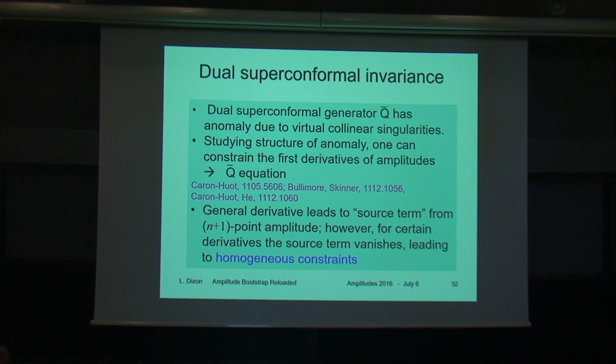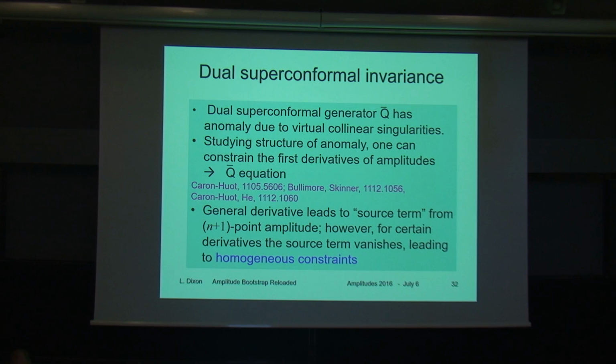The general derivative has an anomaly with a source term from an n plus 1 point amplitude of one lower loop. You could use that to construct the amplitudes all by itself, but then you would need to understand very high point amplitudes as well.